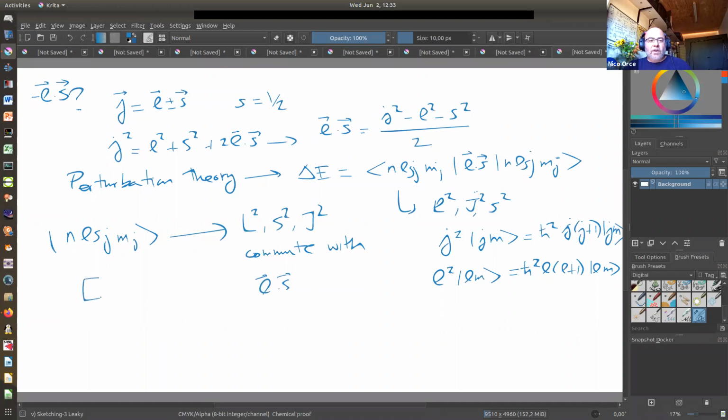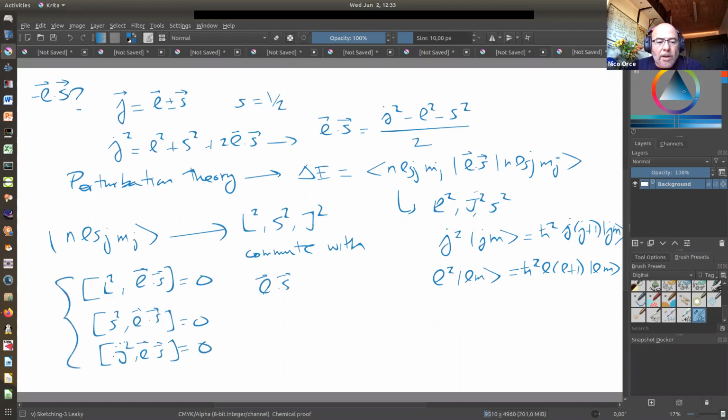So basically, we can have the commutators of L square with L dot S equal to 0, right? And S square with L dot S equal to 0, and J square. So basically, we have a set of independent operators, and we can have our basis states, which are composed of those wave functions, defined by n, l, j, m_j.